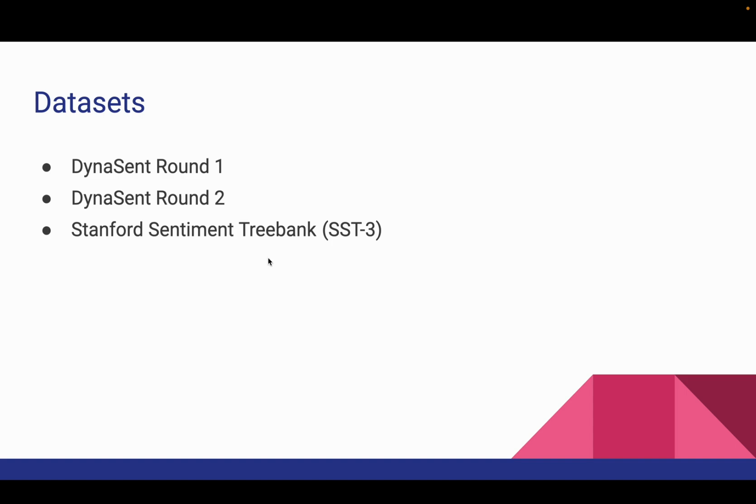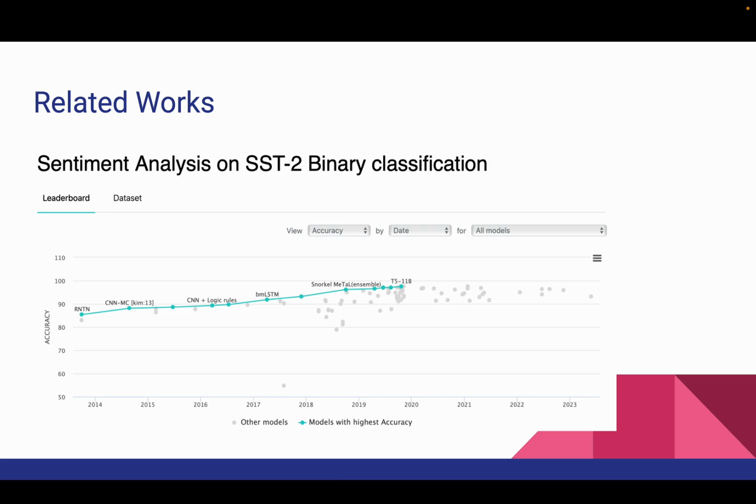This ternary setup, positive, negative, and neutral, of SST3 will be used for model training and validation. For the related work, sentiment analysis on binary classification reaches very high performance using models like T5 or even LSTM.